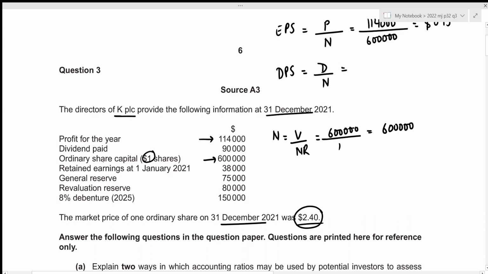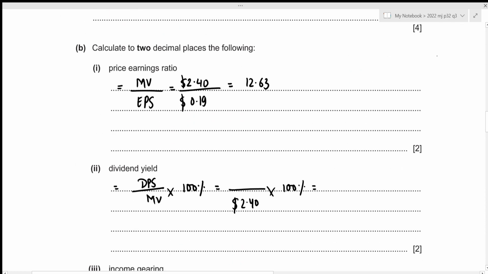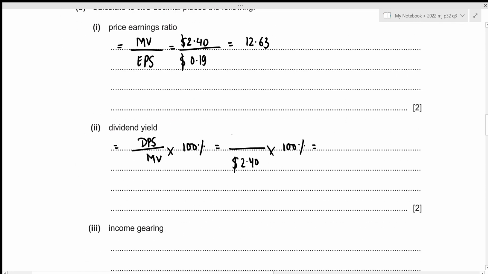The total dividend paid is given right here to be 90,000, divided by the number of shares, which we just figured out to be 600,000. Which means that the dividend per share will be 0.15. Let's write it down. Now the dividend yield will be 0.15 divided by 2.4 times 100%, which results in 6.25%.